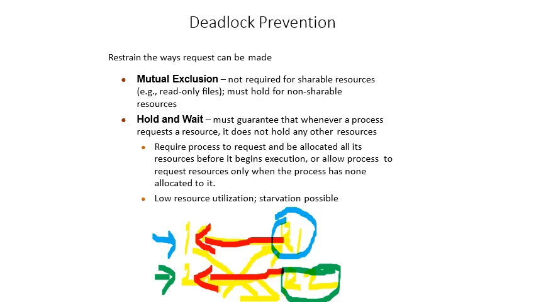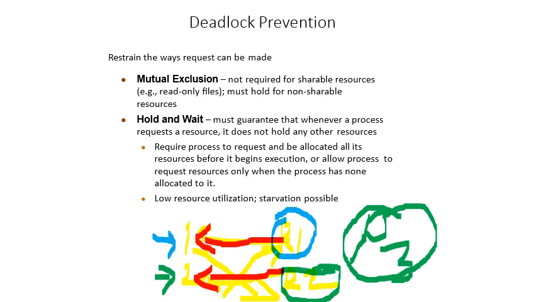R1 is allocated to P1 and R2 is allocated to P2. Suppose there is one more process P3. It is waiting for R1 or R2 to be released. The communication is not ending here: R1 is still communicating with P1 and R2 is still communicating with P2. So this process is suffering from starvation. This is called starvation.